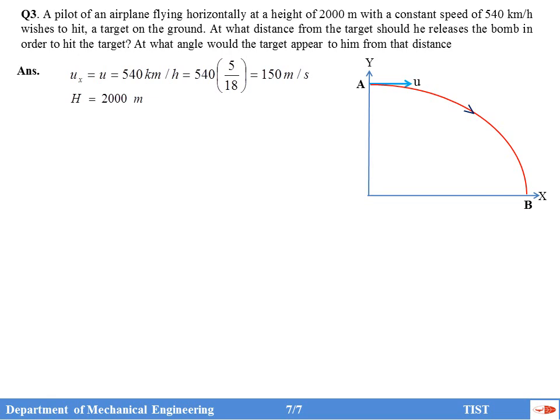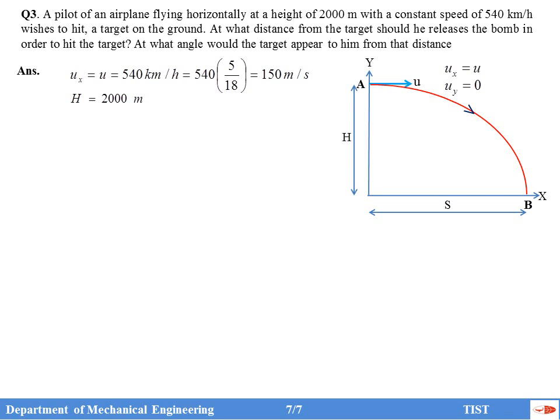So initial velocity ux equal to u equal to 540 kilometer per hour. If you convert into meter per second, you have to multiply with 5 by 18, you will get 150. So at what height is he releasing the bomb? That is h equal to 2000 meter. So ux equal to u, uy equal to 0, and h is equal to 2000 meter.